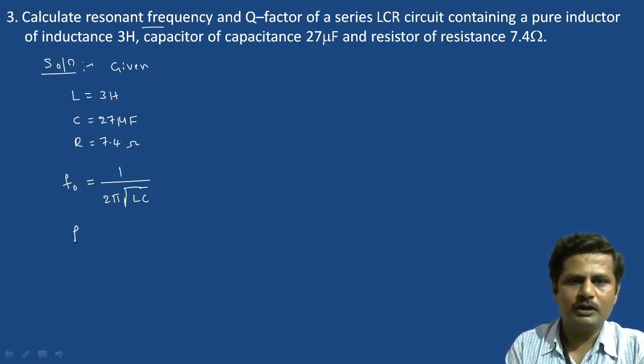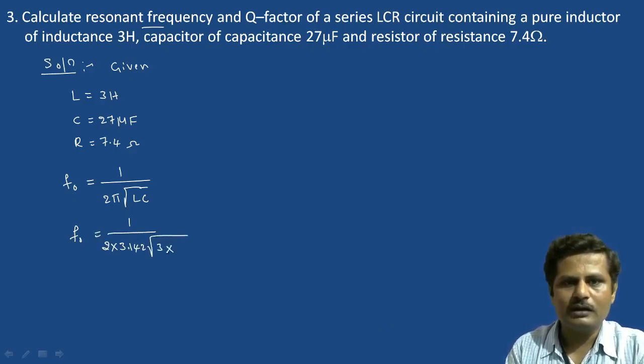So on substituting the data, that is 1 divided by 2 times the pi value, 3.142, root of L equal to 3 Henry, and the capacitance of the capacitor is 27 microfarad, 10 to the power of minus 6. So this is equal to 1 divided by 2 into 3.142, which is 6.284, root 81 into 10 to the power of minus 6.